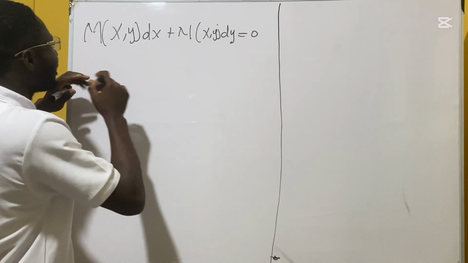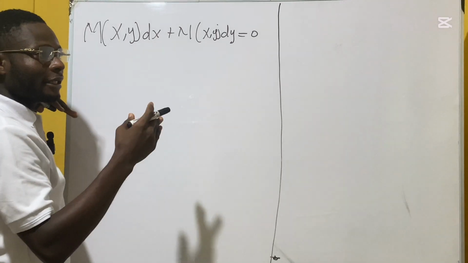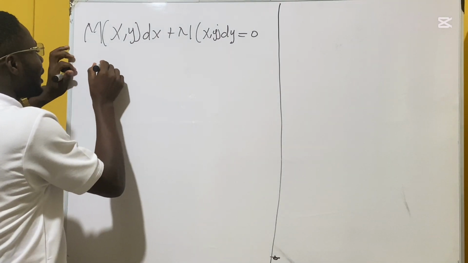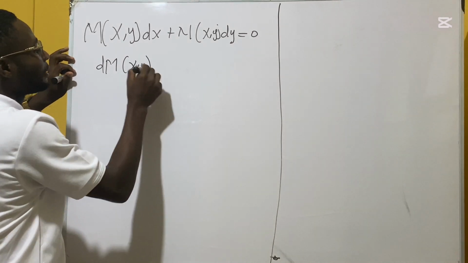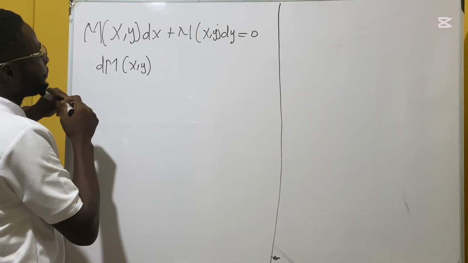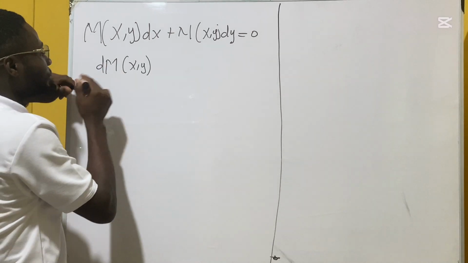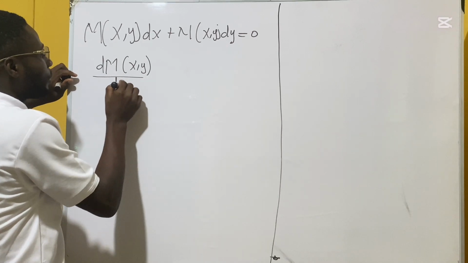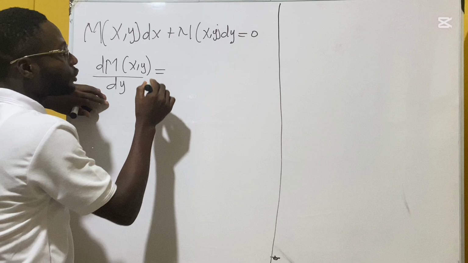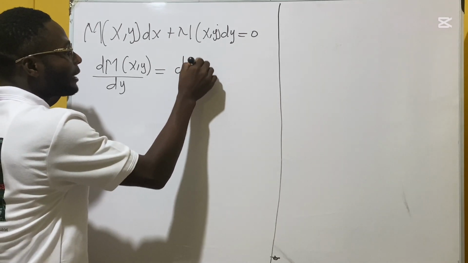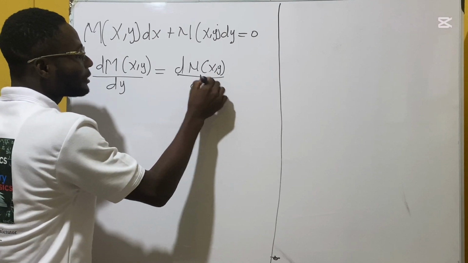So right here, we're going to take the derivative of this one with respect to y. The derivative of M of x and y with respect to y should be equal to the derivative of N of x and y with respect to x.